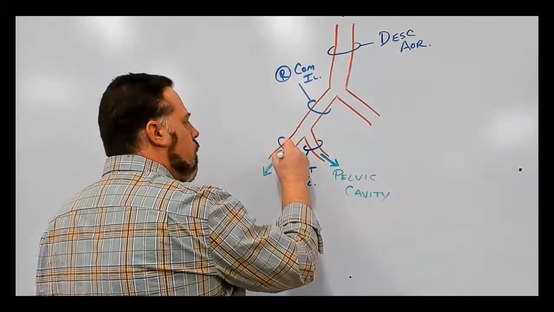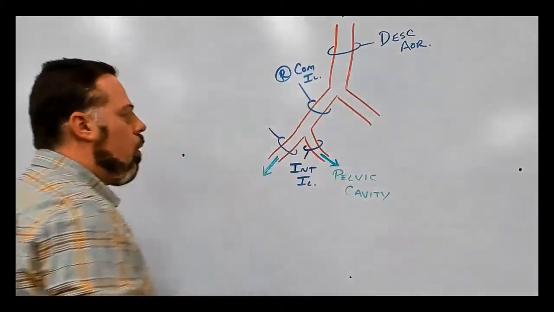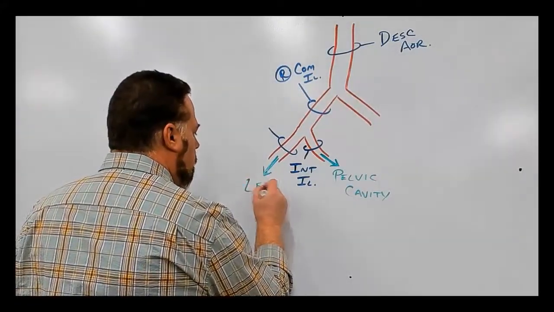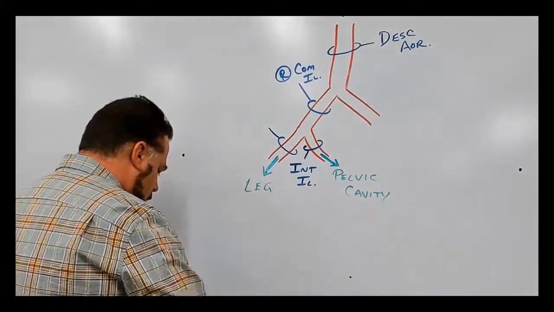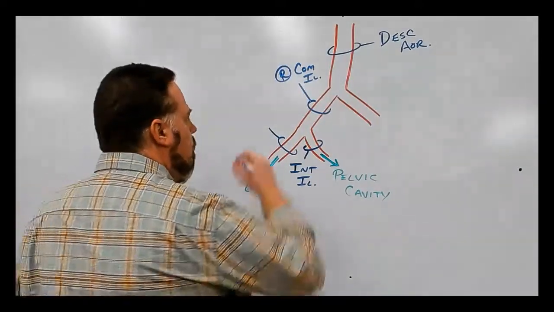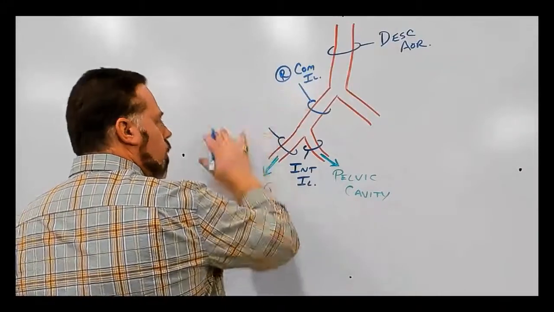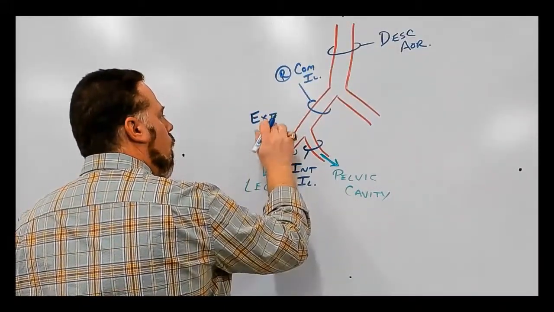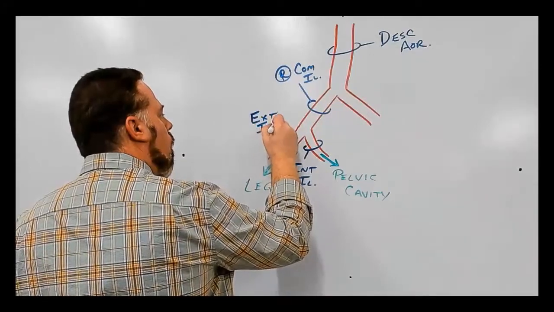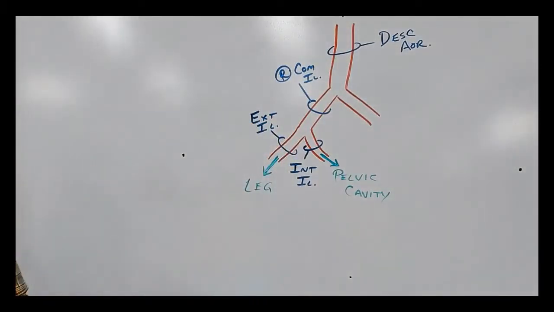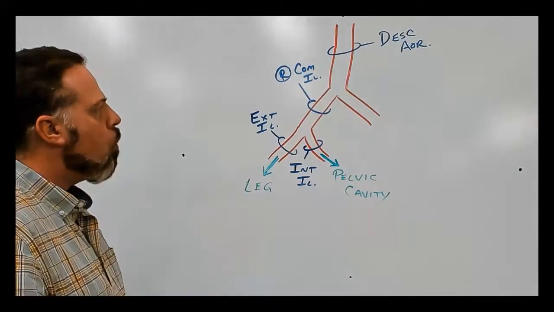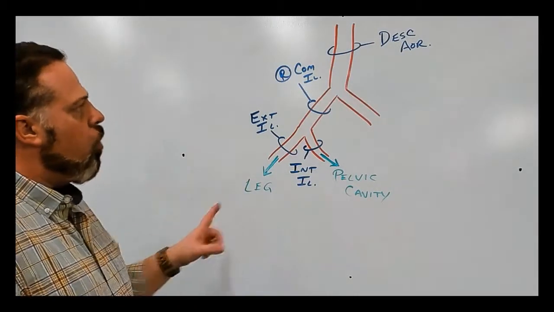And this will go into the leg, and that's going to be, again on the right side, the external iliac artery. There are more branches coming off of there, and you'll learn about those later. So that's how the human is.